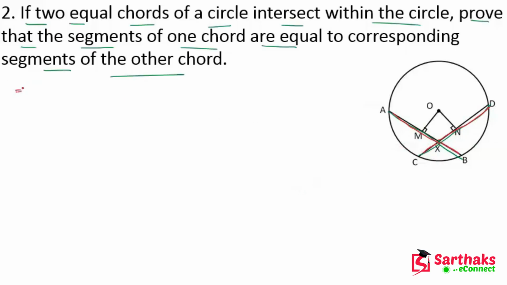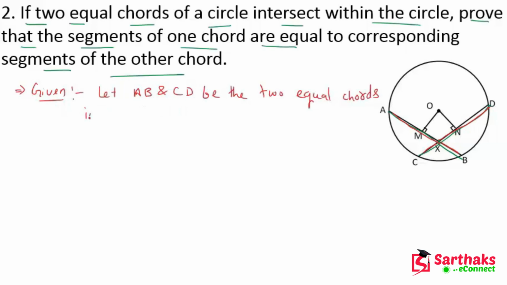Okay, yes. So first of all, we have to write the given part. So the given is what? Let AB and CD be two equal chords which intersect at point X, such that AB is equal to CD.